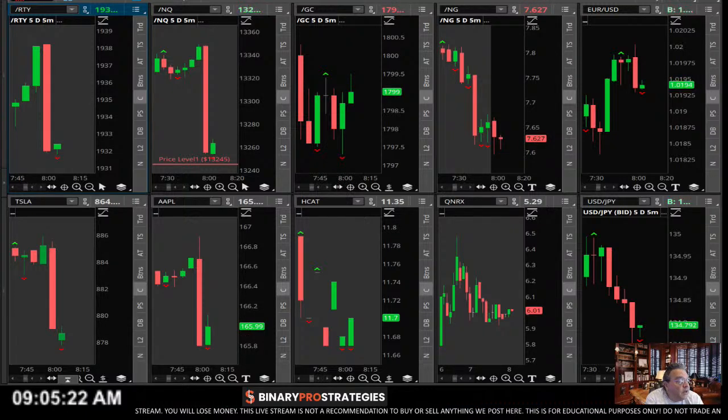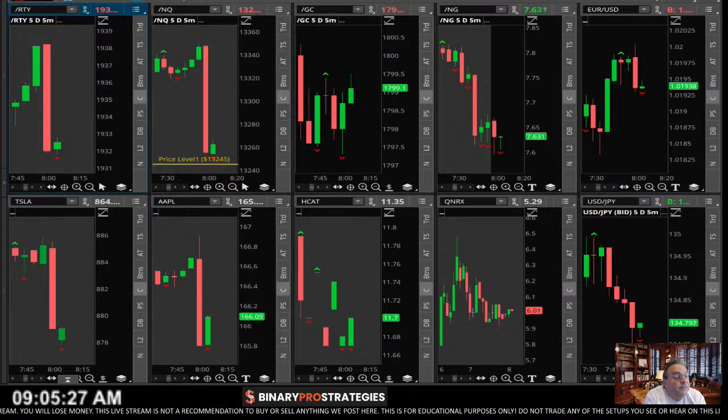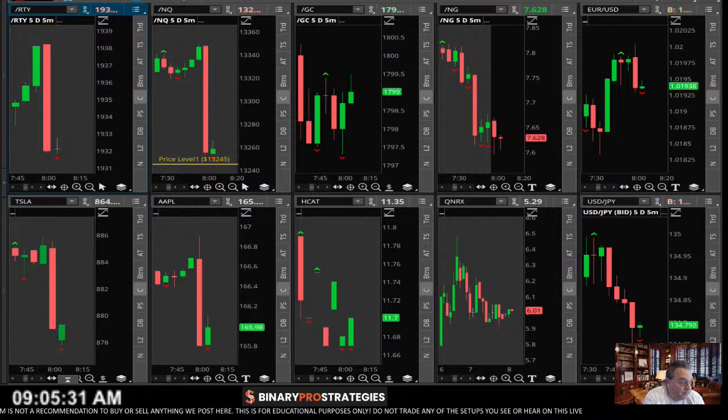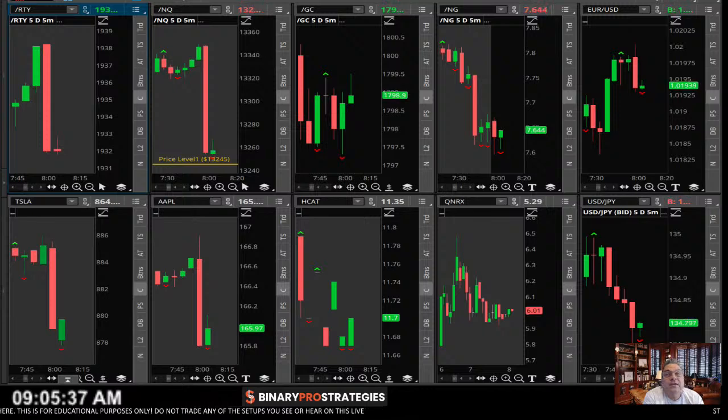Go ahead and put this little line in so we can visually see if it gets hit here. 132.45. That would initiate my start, and then I'll be using something called Einstein with this, and that will provide me with a price target or a profit target and a reversal.